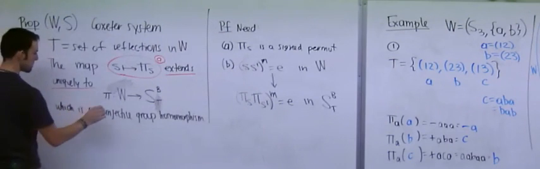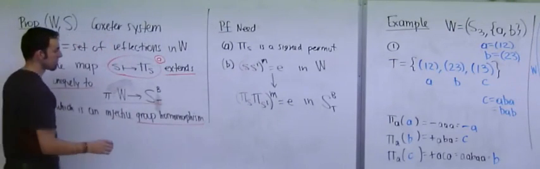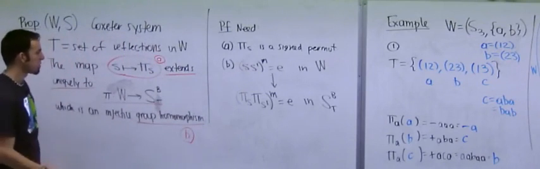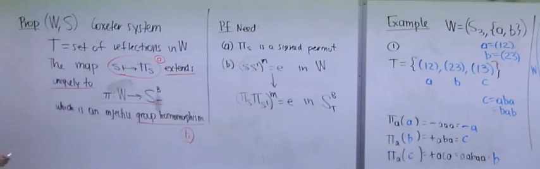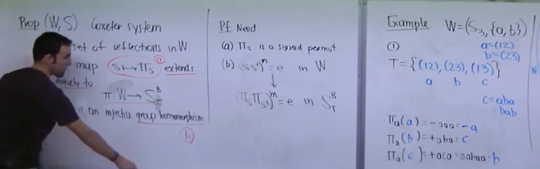Extends uniquely to this, which is a group homomorphism. Okay, so once you prove this statement B, you have almost everything. There's only one thing that I haven't underlined, I think, which is injective. And that's the third thing you have to prove.